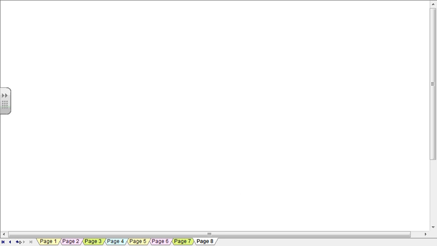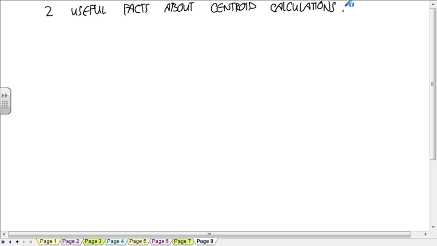Here are two useful facts about calculating centroids. The first one is that in 2D, a centroid always lies along any line of symmetry you can find.